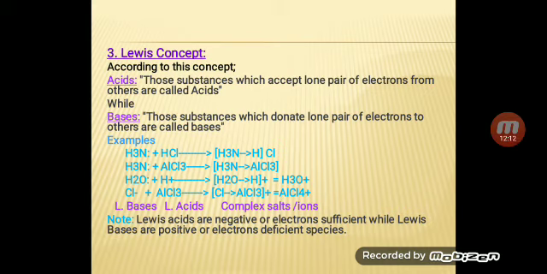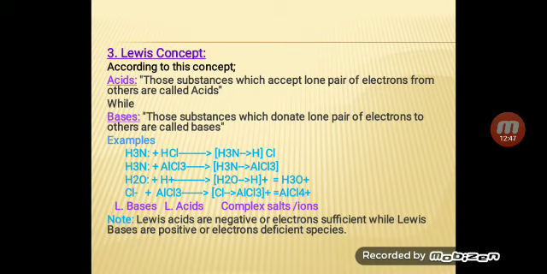Point to be noted, Lewis bases are negative or electron sufficient, while Lewis acids are positive or electron deficient species. In the above example, ammonia is neutral but has an extra pair of electrons, so it is a Lewis base. The chloride ion is the negative species because it has more electrons, so it is a Lewis base. Hydrochloric acid is a neutral species.